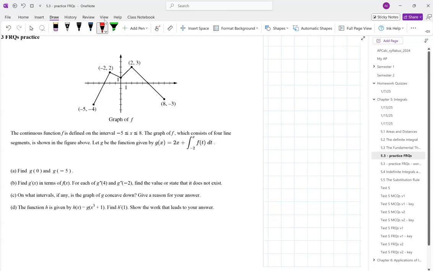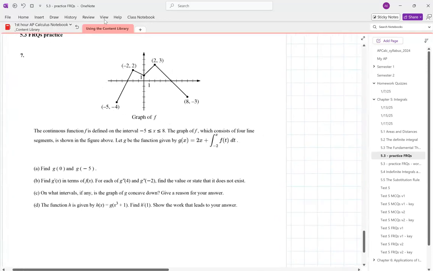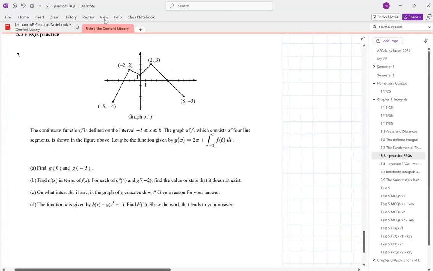All right. So number 7 here reads: the continuous function f is defined on the interval from -5 to 8. The graph of f, which consists of 4 line segments, is shown in the figure above. Let g be the function given by g of x equals 2x plus the integral from -2 to x of f of t dt.